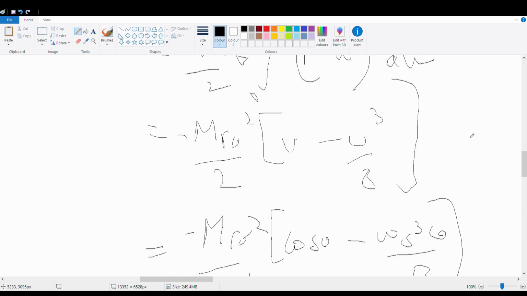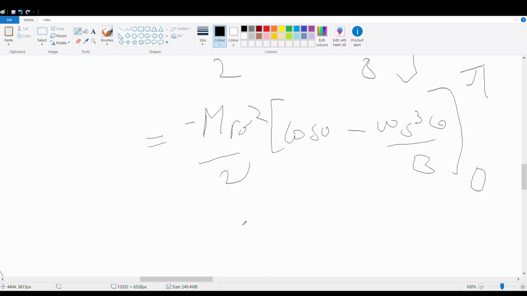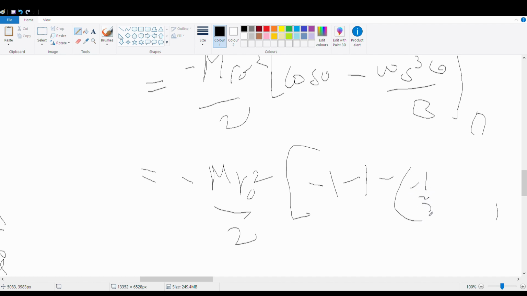This is the same expression that you would get if you use this technique here. And the limits here are pi and 0. So when you put the limits in, minus m r naught square by 2, and you'll have minus 1, minus 1, minus 1 by 3, minus 1 by 3.